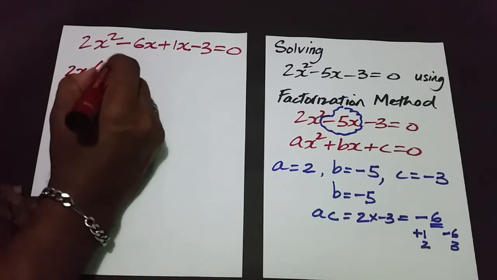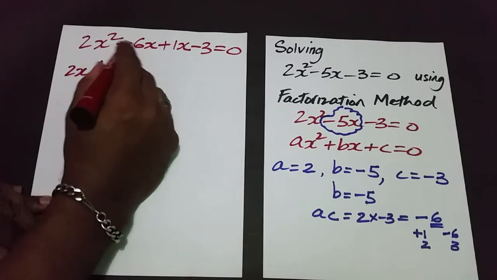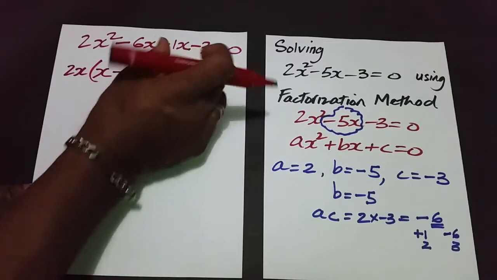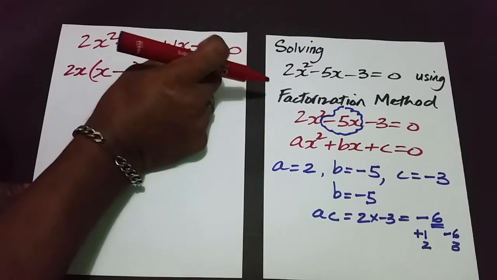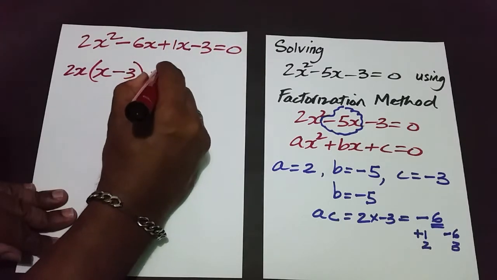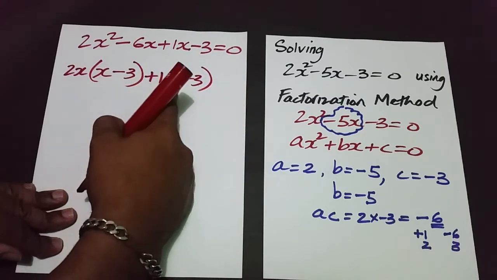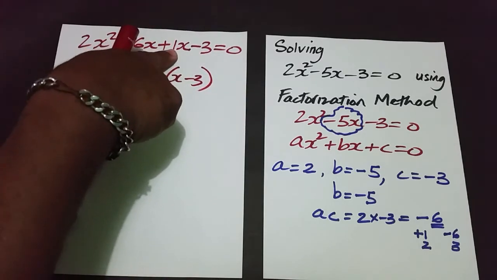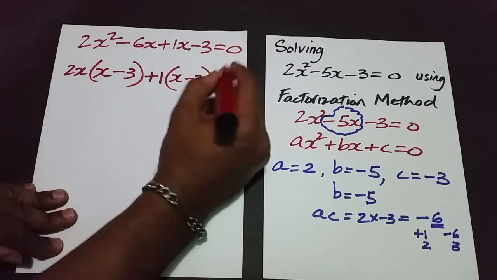And then 2x times x gives you back 2x squared, and 2x times minus 3 gives you back minus 6x. Here, if you look closer, you'll see that the highest common factor is positive 1, and in bracket x minus 3, because positive 1 times x does in fact give me back positive 1x, and positive 1 times negative 3 is going to give me back negative 3.